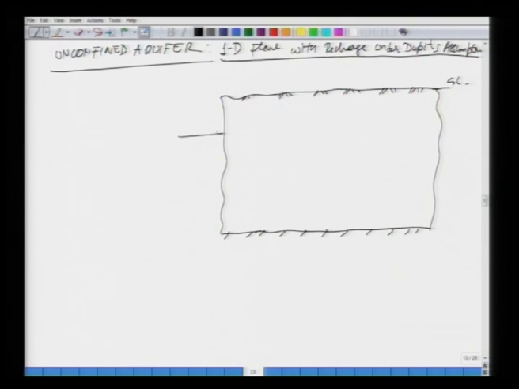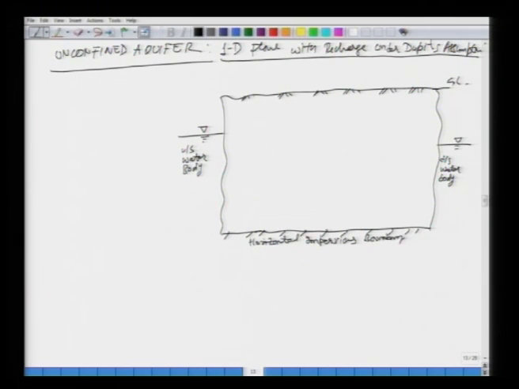You have an upstream water body and a downstream water body. It may be a lake or a river. This is your horizontal impervious boundary of your unconfined aquifer.